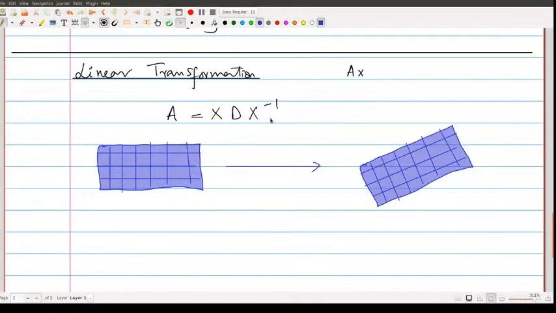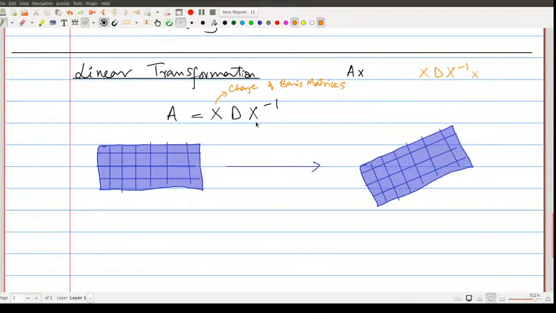What is this X matrix doing, and what is this X inverse matrix doing? The idea is that you can view them as change of basis matrices, right? So if you're doing A times X, that's the same as doing X D X inverse times X, right? So what is this X inverse doing to X, right?